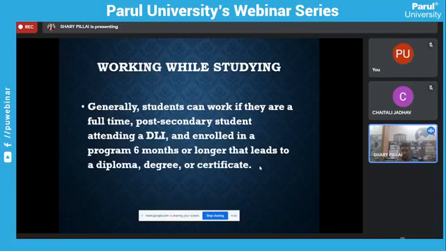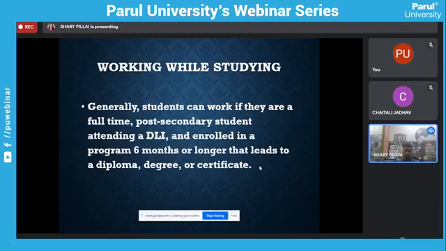Like a diploma of 1 year, a 1 year degree, and certificates. Then only you can have work rights. Generally, international students are getting 20 hours per week to work when they are studying, along with your regular studies. But in a semester break, like an academic break, for example, Christmas, you can work full time.